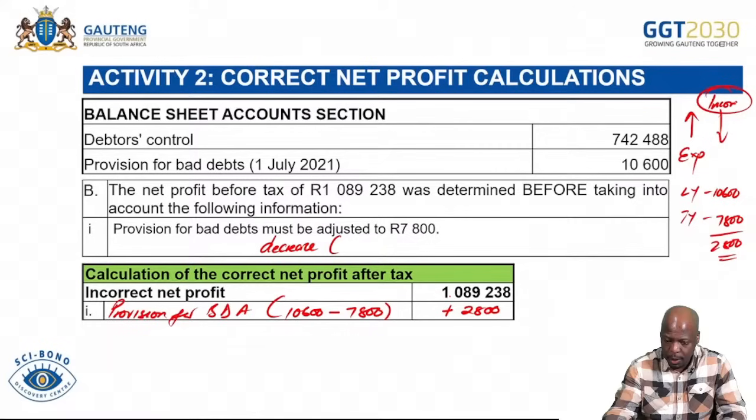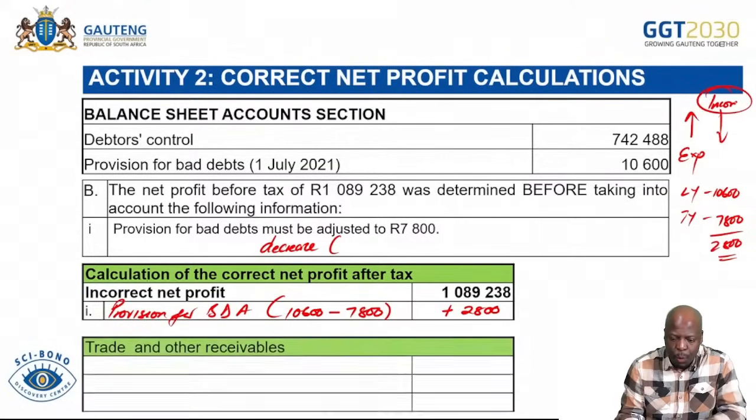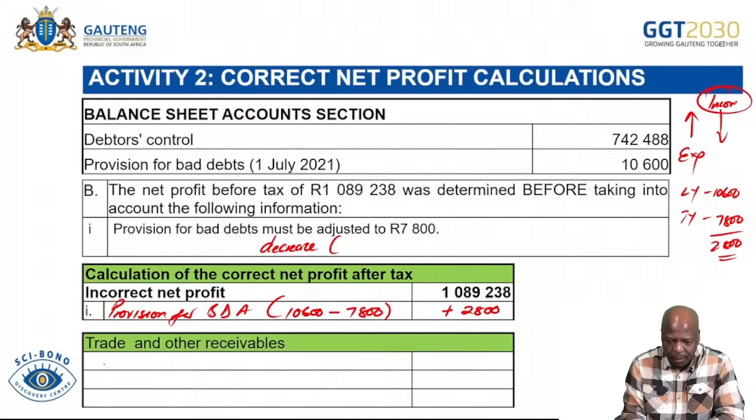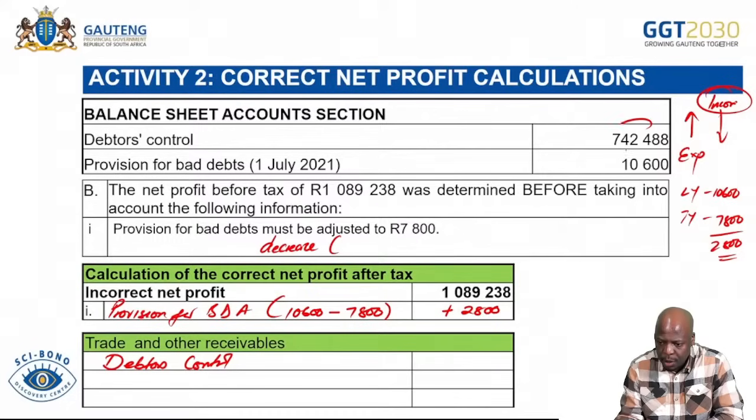I'm adding that. Okay, let's quickly see how I would record this in my trade and other receivables. The first thing that I would have, obviously, is my debtors control, which is this one here, 742,488. You still with me? And then I would come here and say my provision for bad debts.